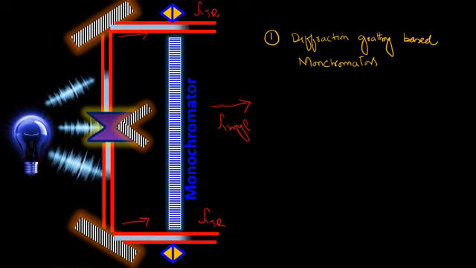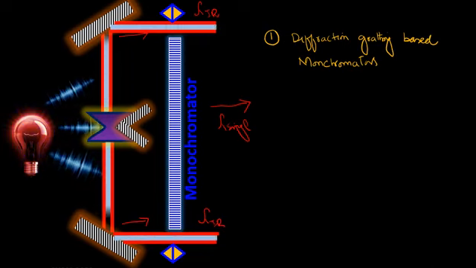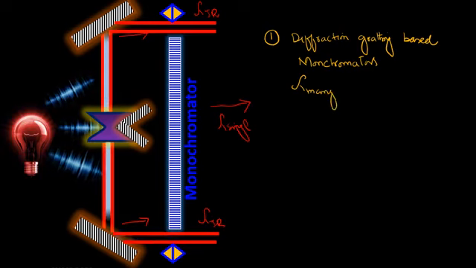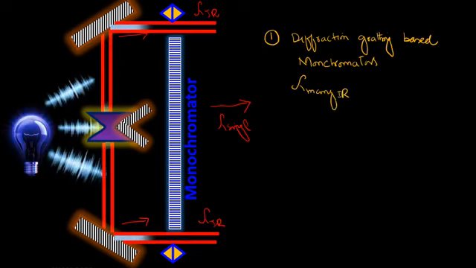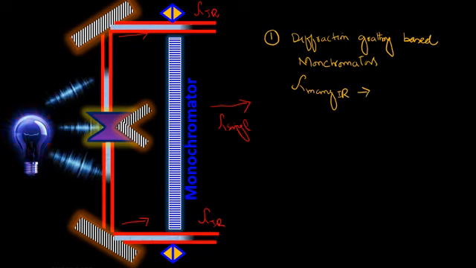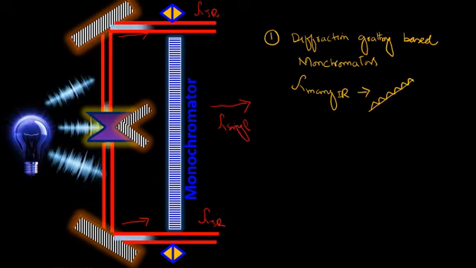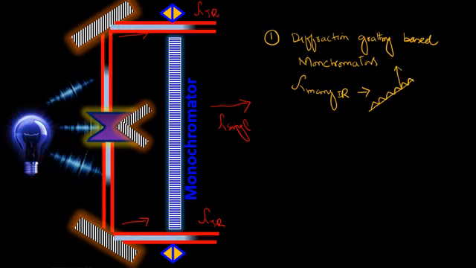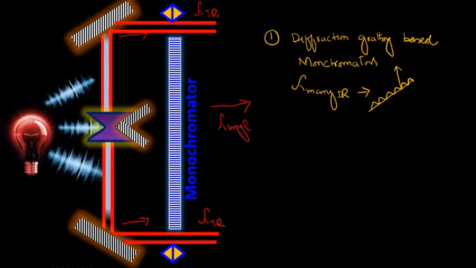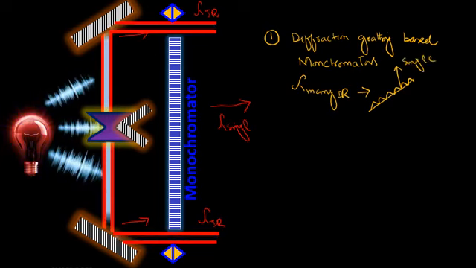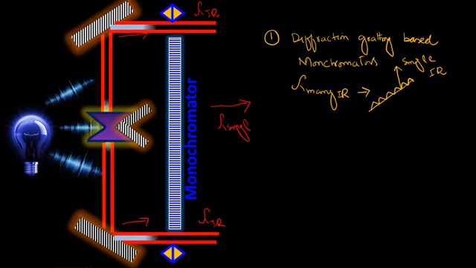So IR light, which is multi-band light, or which consists of many wavelengths of IR radiation, will fall on the diffraction grating, and the diffraction grating will split the multi-band radiation into a single wavelength of IR radiation in a monochromatic device.